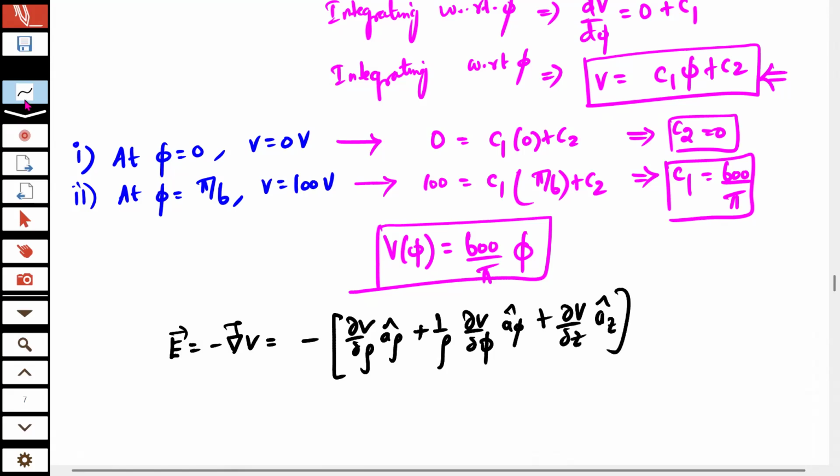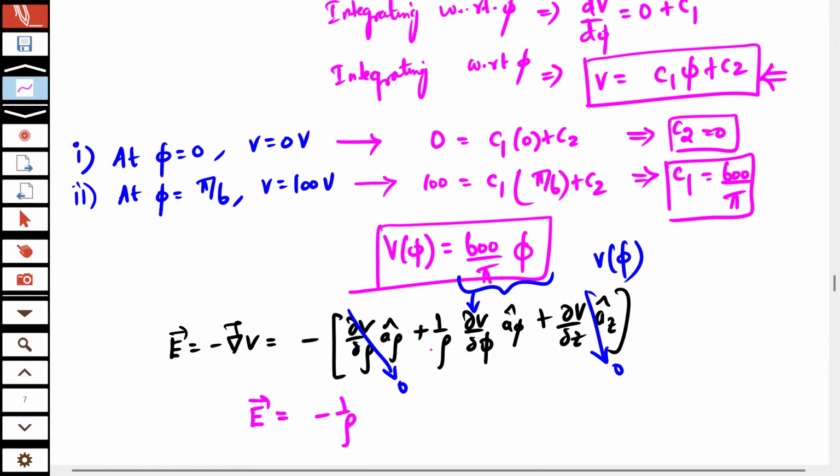Here, the potential function has only the variable phi, thereby we will take the differentiation with respect to rho 0 and Z 0, since V is a function of only phi. Now differentiate with respect to phi and write the electric field intensity as the negative gradient of potential: minus 1 by rho, dou V by dou phi will be 600 by pi, and the direction vector is A phi cap. So this is the expression for electric field intensity.